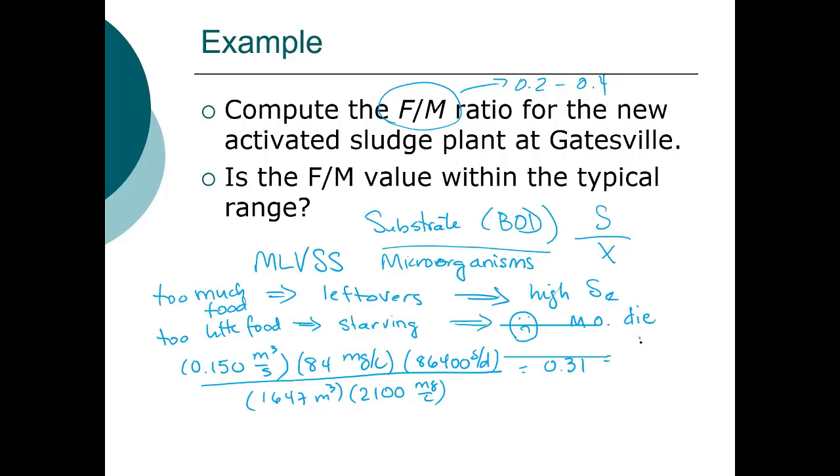So this is your Q times your influent BOD divided by the volume times your mixed liquor suspended solids concentration.